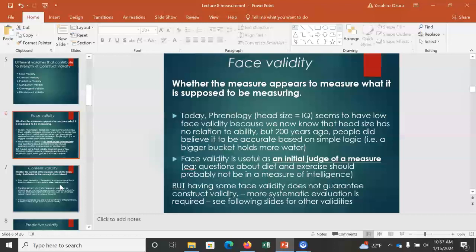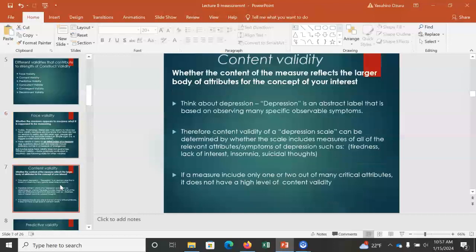Face validity is useful as an initial judge of a measure's validity. To be more specific, in order to have construct validity, a measure needs to pass the test of face validity. But passing the test of face validity is not sufficient for overall construct validity because it needs to pass many more specific tests of validity, which we are going to talk about.